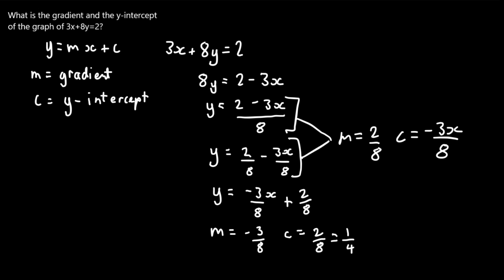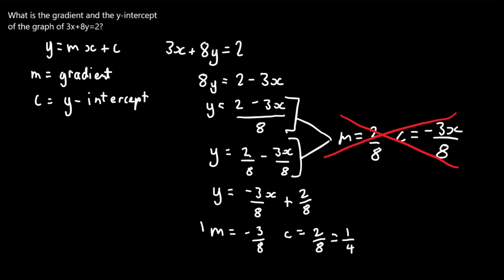That's quite a common thing that I've seen a lot of people do. Just make sure that the m value is the coefficient of x, or just the number that multiplies the x, and the c value is the constant, or just a number that doesn't have a pronumeral attached. So this, no good. Be careful of that.